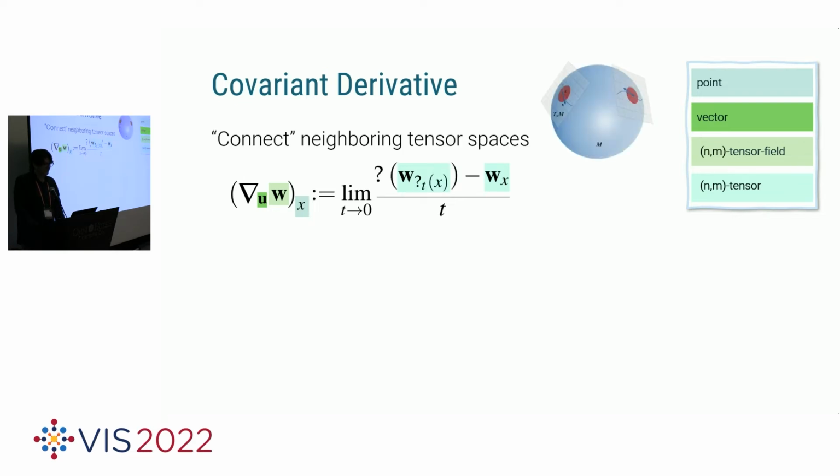So again, we have to say something about how these things are defined. Somehow we need this parameter group, this diffeomorphism group with the parameter t now. And we need again something that connects the neighboring tensor spaces. We cannot simply do the subtraction because these elements are in different tensor spaces. So we have to transfer the one back to the original tensor space at point x.